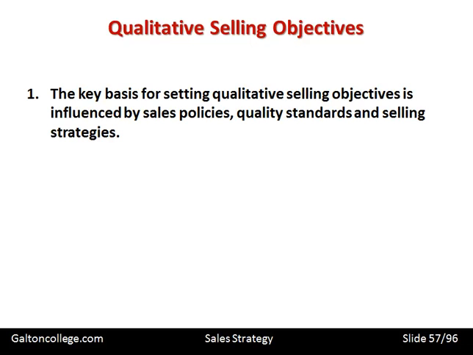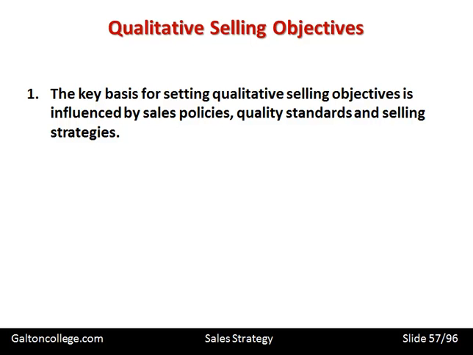The key for setting qualitative selling objectives is influenced by sales policy, quality standards and selling strategies. So when setting sales objectives, certainly qualitatively in this case, looking at sales policies, what are the sales policy of the business?